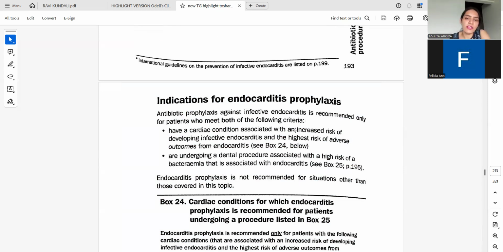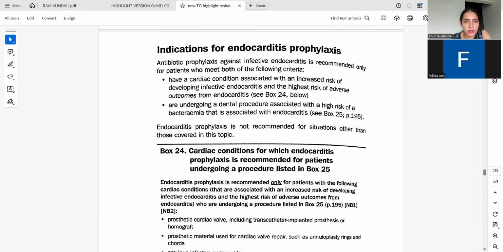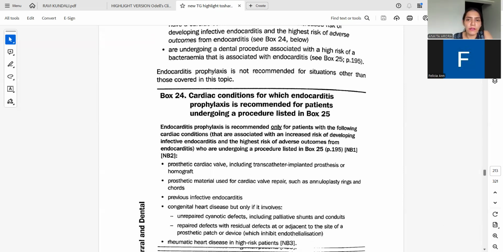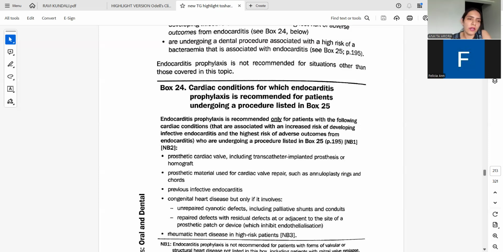One is a cardiac condition associated with increased risk of developing endocarditis and high risk of adverse outcomes from endocarditis. So what are those high risk conditions? We will read in box 24. And these high risk patients are undergoing high risk procedures which produce bacteremia that is associated with endocarditis. And it is not recommended for situations other than those covered in this topic.